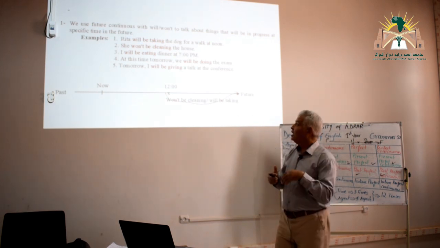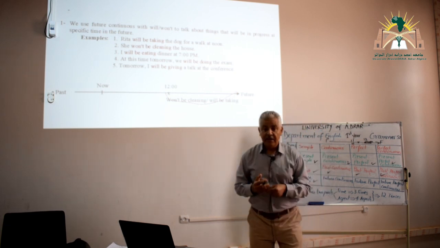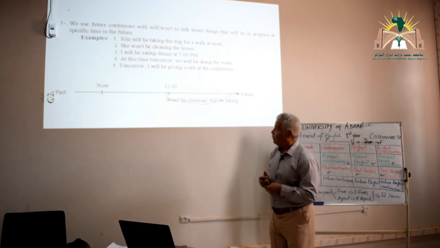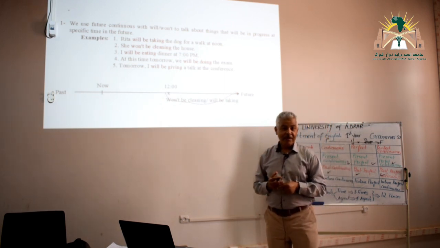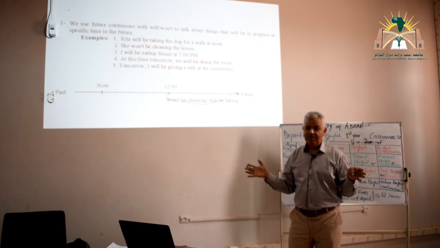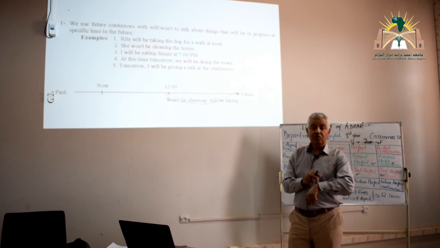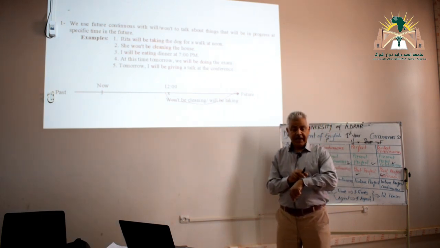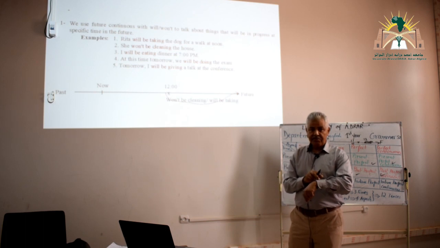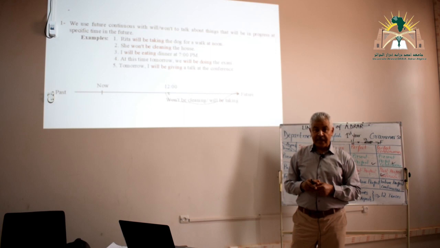So I say, I will be eating dinner at 7 p.m. The fourth example, at this time tomorrow, we will be doing the exam. All right? So this is not true, just an example. At this time tomorrow, tomorrow is Thursday. At this time, Thursday at 10, we will be doing the exam.